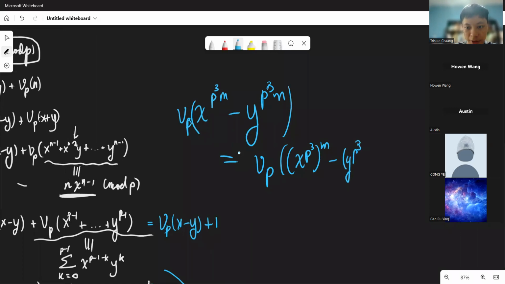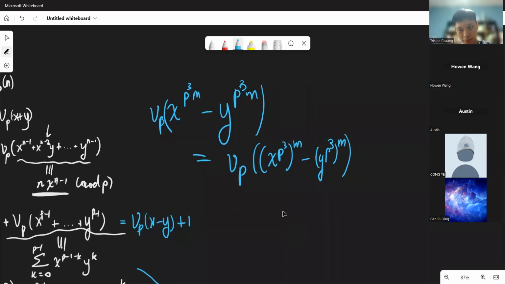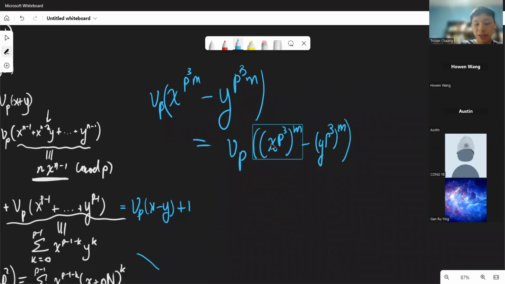And then you use back the same theorem. Of course, you have to check the conditions first. x to the p cubed and y to the p cubed are equal mod p. That's obvious if x and y are equal mod p. And they are both not multiples of p. That's also obvious. So we can use the theorem. And since m is not a multiple of p, this thing is x to the p cubed minus y to the p cubed.